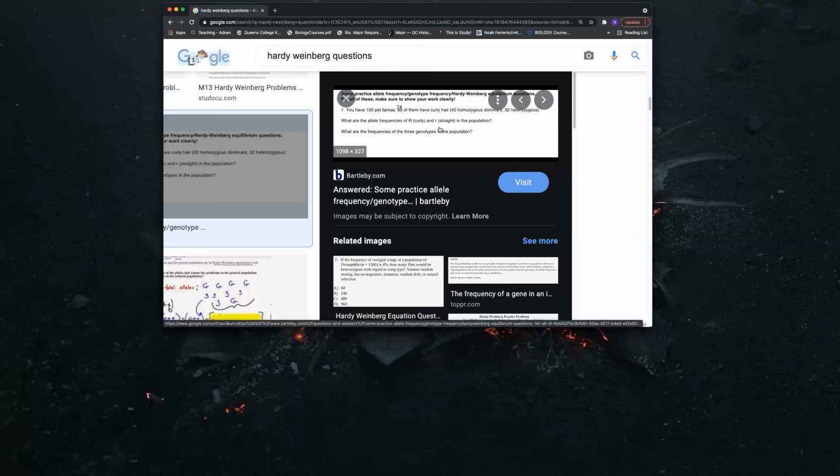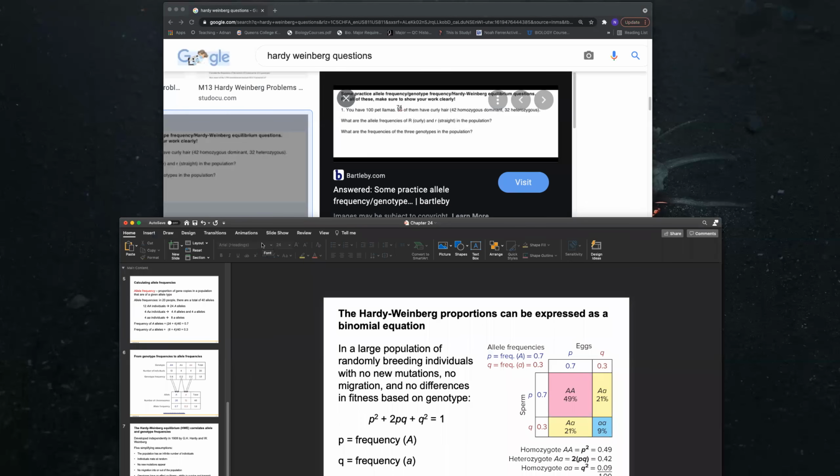And then it says 32 heterozygous, right? That would be which one? Like in the equation. Q? No, Q is recessive. So P squared plus, that thing in the middle, remember? Two PQ. Okay, so let me explain this better. P plus Q is equal to 1, right?